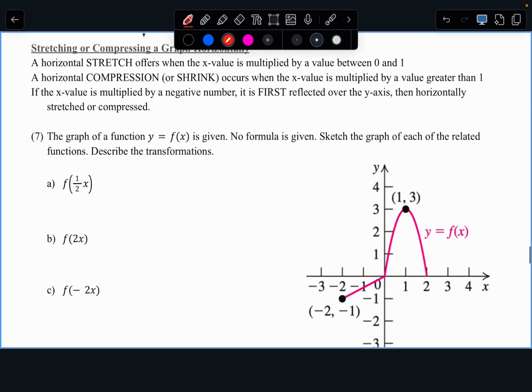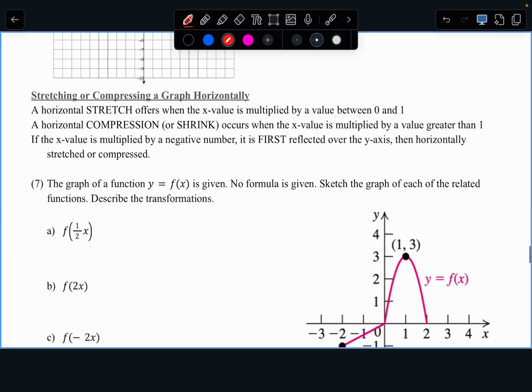Horizontally, we won't work with as much, but it's when there's a number inside. When it is inside with x, it is the opposite of what you would normally do. So values between 0 and 1 are actually a horizontal stretch.